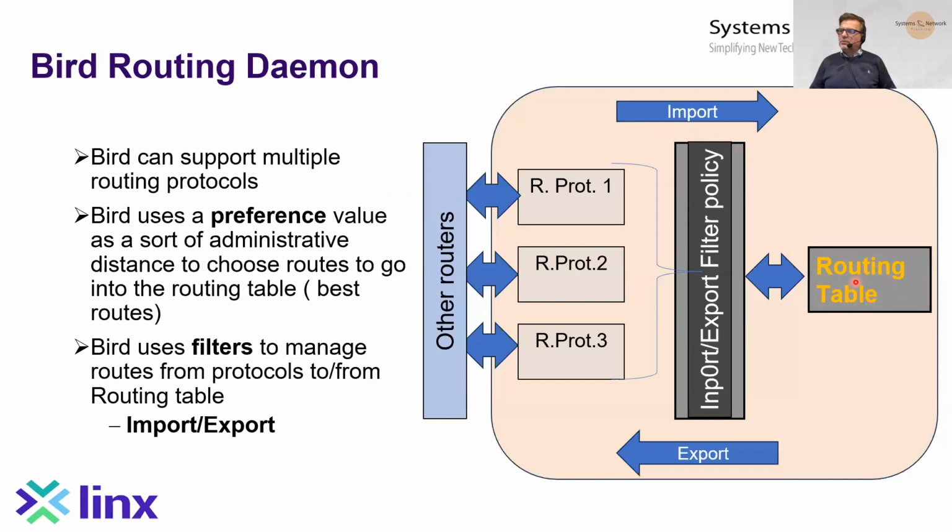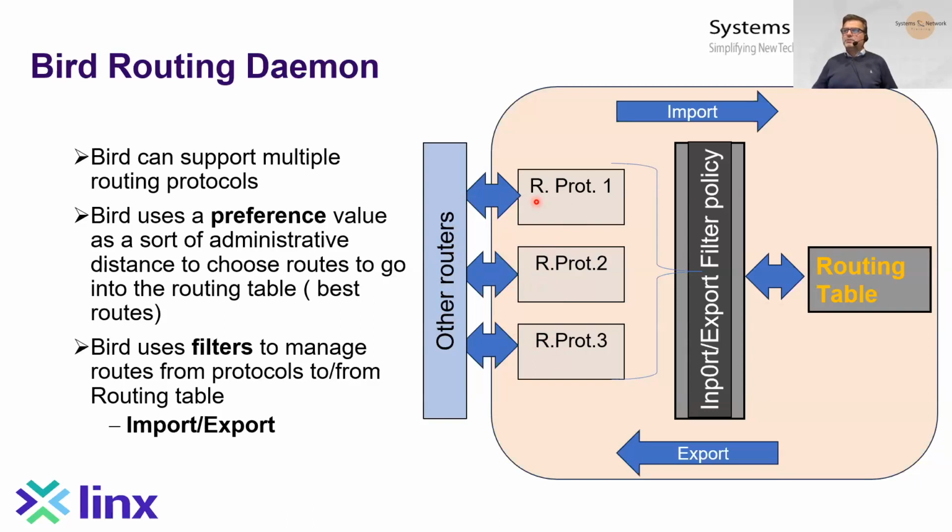When this router connects by interfaces to other routers, then it's exchanging routes and learning routes with other routers over here. I just put three instances here of three routing protocols, or three sessions in the context of BGP.